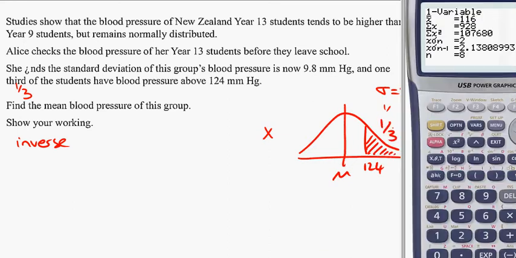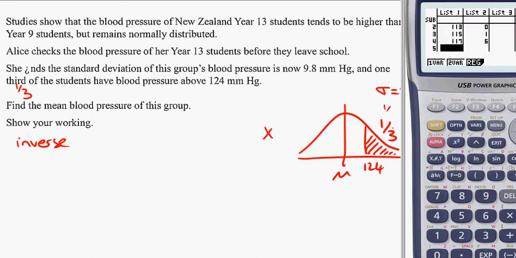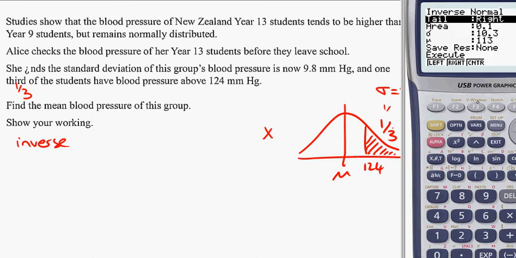So if we go to a calculator, there's a right tail, the area 1 divided by 3. Standard deviation is now 9.8, but now we have a problem because there is no mean.